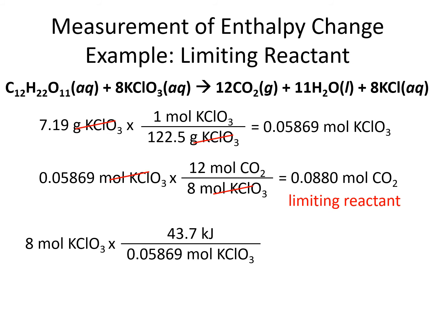So we have the relationship between the moles of potassium chlorate, our limiting reactant, and the amount of heat produced by this reaction. And we can use that as a conversion factor to go from moles to the enthalpy. So we're going to do 8 times 43.7 divided by 0.05869, and that gives us 5957 kilojoules for the equation as written.